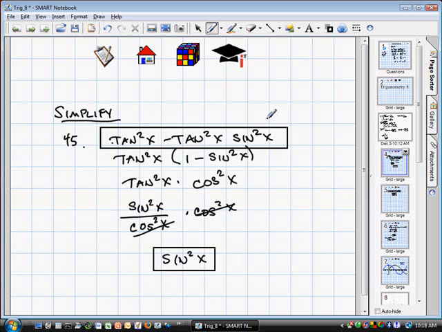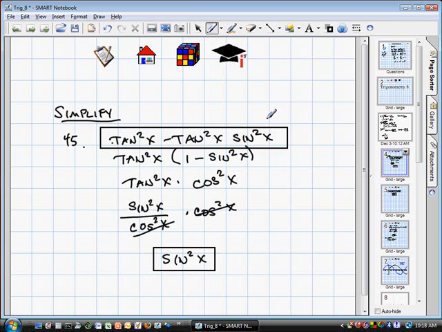Okay, now this is a combination of algebra skills and knowing your trig identities. So look what I did. The first thing I did is thought, well, there's a tangent squared in both parts of this, so how about if I factor it?